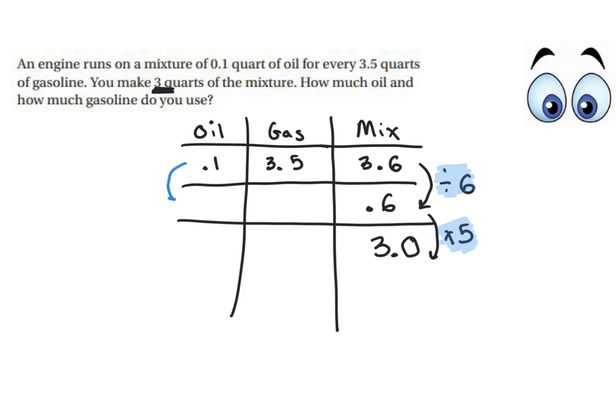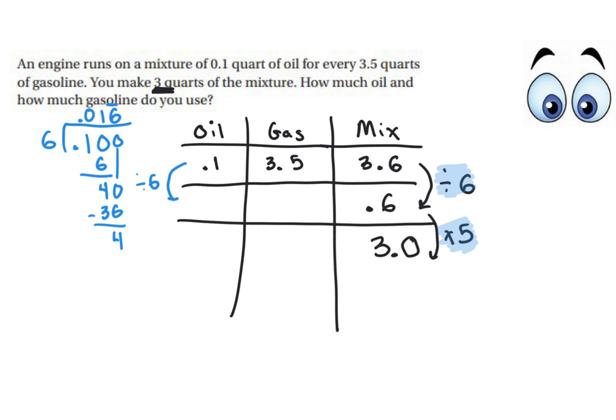0.1 divide by 6. Six doesn't go into 1, it goes into 10 once. 1 times 6 is 6. So we take away and bring down a 0. 6 goes into 40. 6 times 6 is 36.